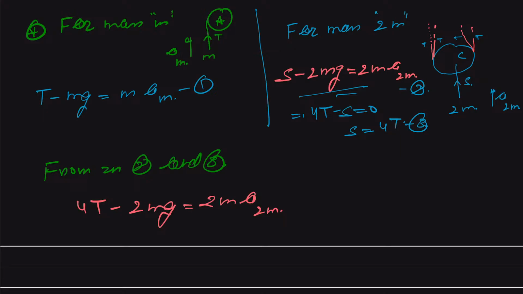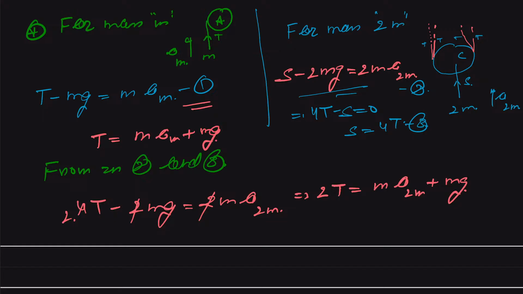And so we can just cancel out 2 throughout, and we get that 2T will be equal to m, a of 2m plus m of g. Okay. And from our equation number 1, we can write from here that tension T is equal to m of a of m plus m of g.